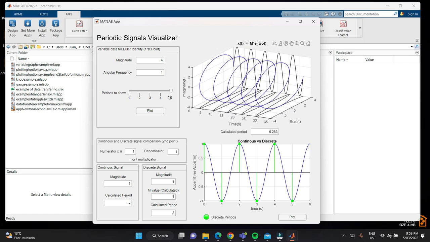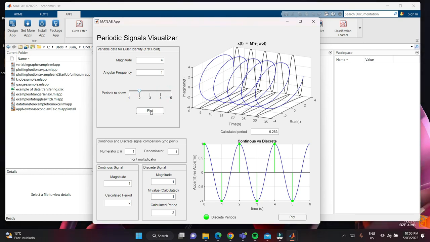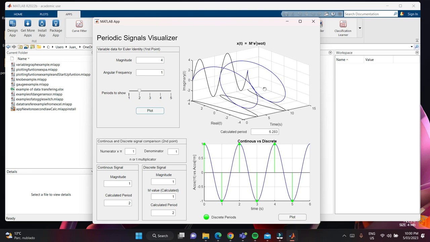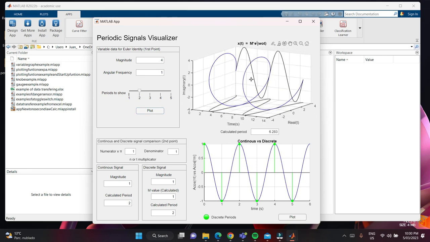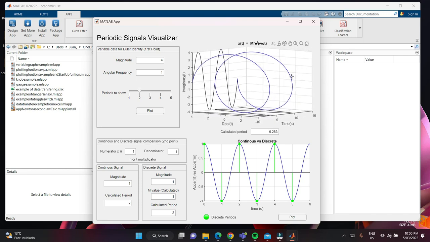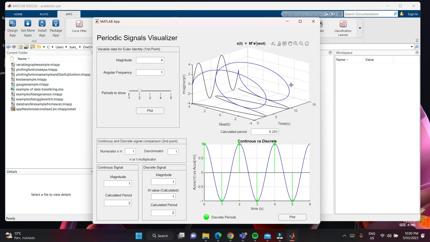We can actually see the periods. The teacher said that we have to just have 2, but actually you can see more. So this is how this function forms. We can actually play with the angular frequency too, which we will see the change in time here.